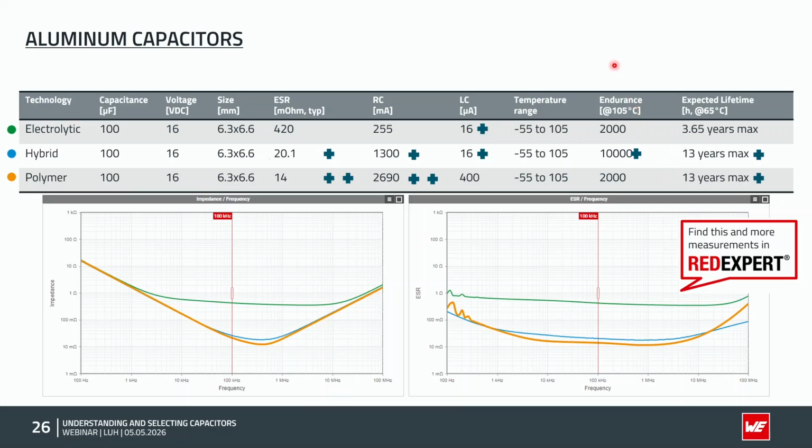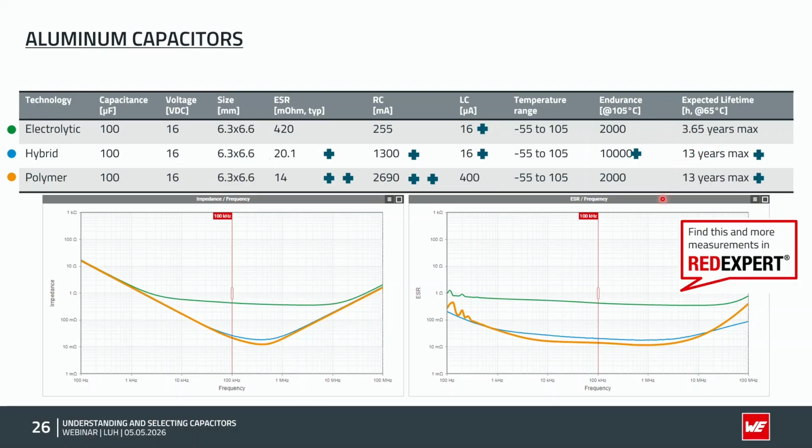What we can also see when we speak about the endurance is that this hybrid part is specified for 10,000 hours at 105 degrees, so especially interesting for high temperature designs. If we do the lifetime calculation at 65 degrees, the lifetime of electrolytic ones would be a little bit more than 3 years.